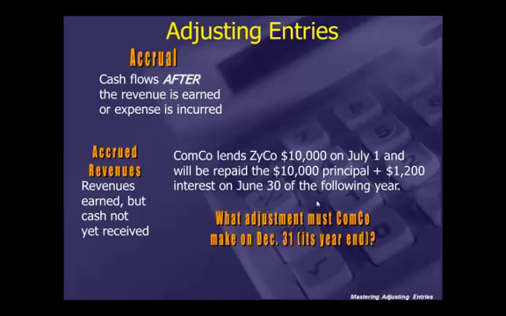All right, so the loan is made July 1 through the end of December, that's 6 months, and it is due and payable June 30th of the following year, which from January 1 through June 30th is 6 months. So we're talking about a full 12 months, a full year: 6 months or a half year from July 1 through December 31st, and another 6 months or half year from January 1 through June 30th.